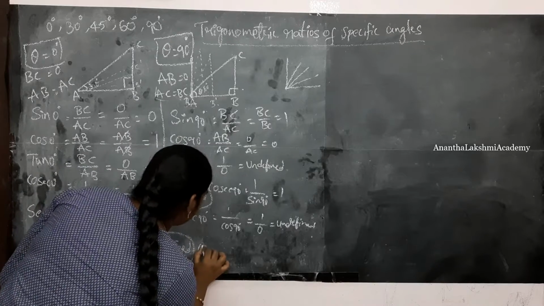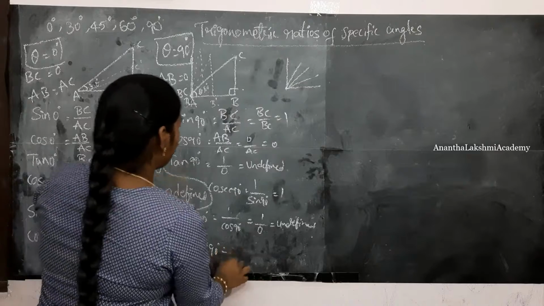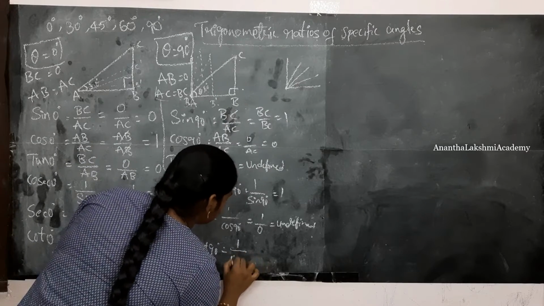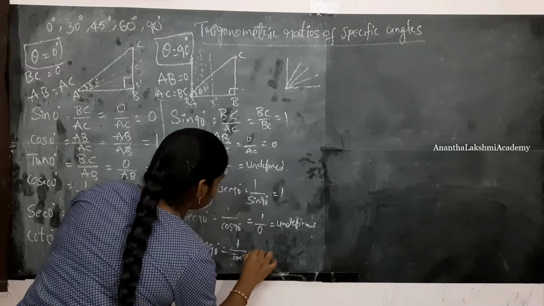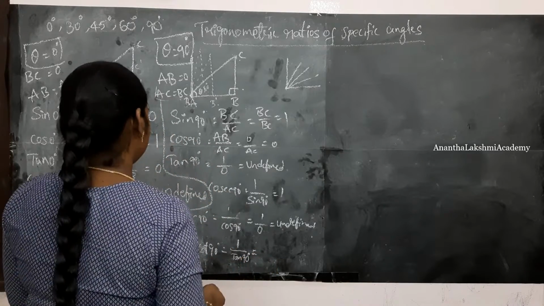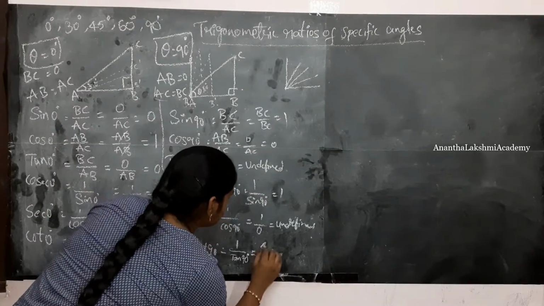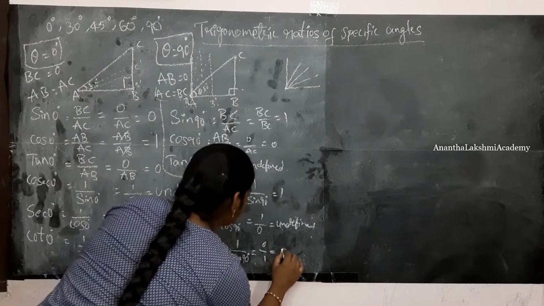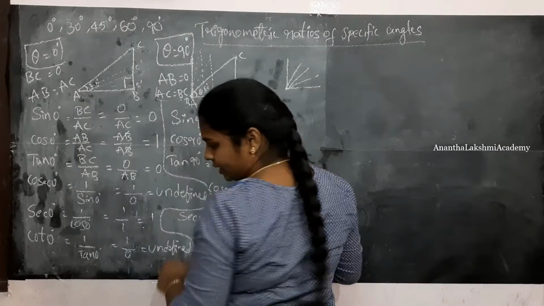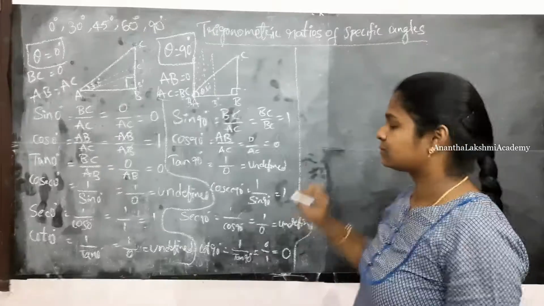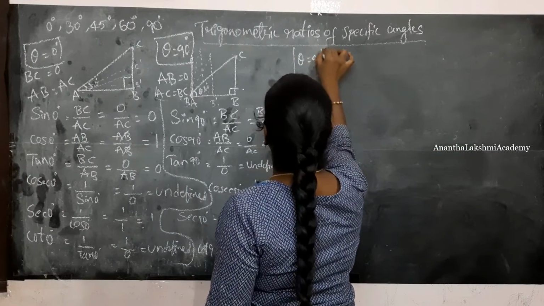And the last one, cot 90, is nothing but 1 by tan 90, which is nothing but cos by sin, so this is 0 by 1, and this becomes 0.